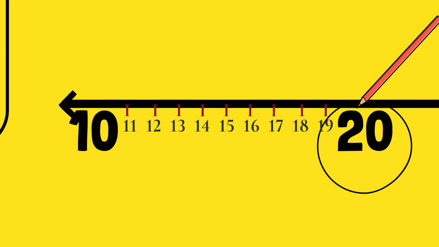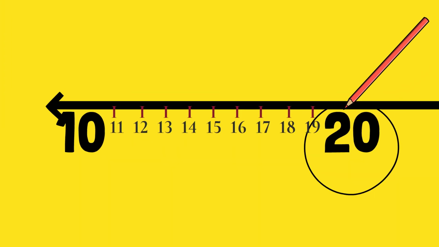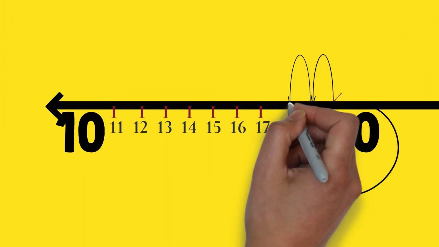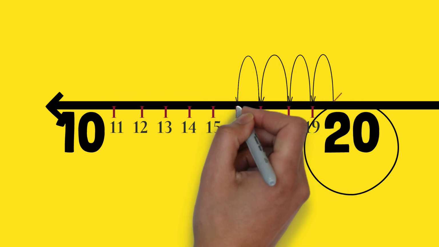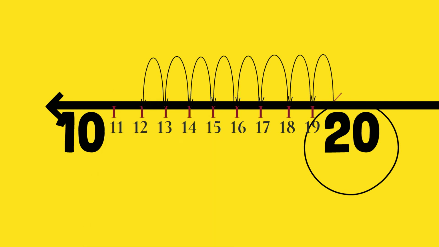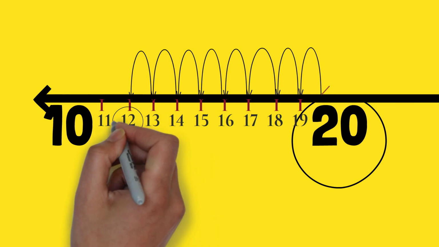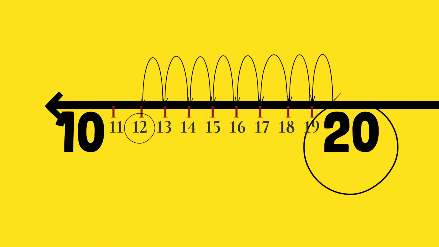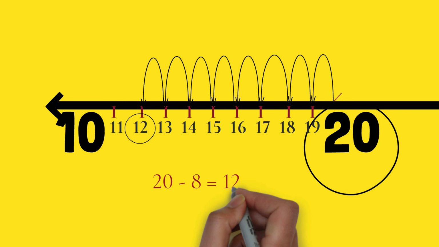So start jumping. 1, 2, 3, 4, 5, 6, 7 and 8. After jumping 8 times backward, we reach the number 12. So 20 minus 8 equals 12.